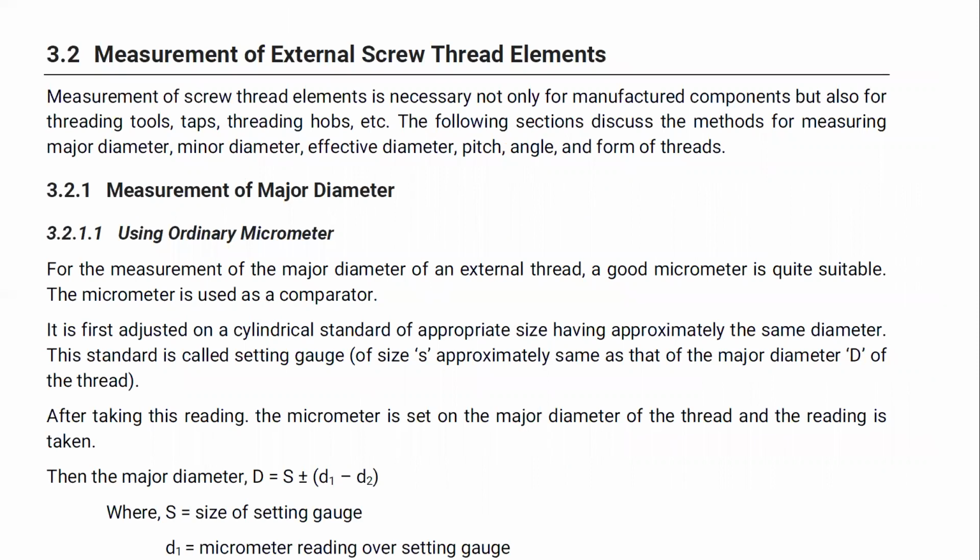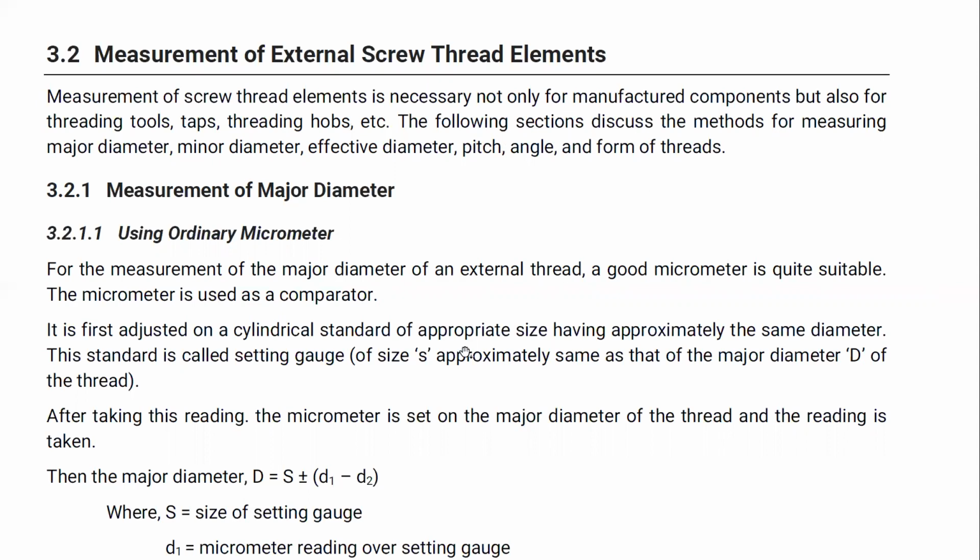Now, next our topic is measurement of external screw thread, and then we will see the measurement of internal screw thread. The measurement of external screw thread elements is necessary not only for manufactured components but also for threading tools, taps, and threaded hubs.